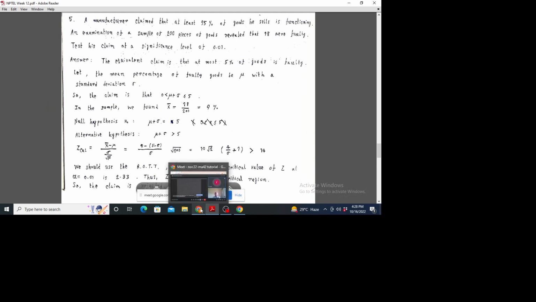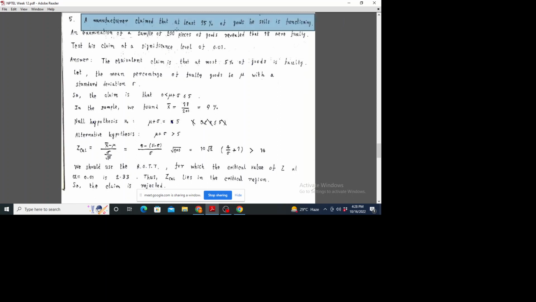Okay, the equivalent claim is 5% of the goods. Let me go through this. The manufacturer claimed that at least 95% of goods he sells are functioning. So at least 95% means at most 5% is faulty, right?